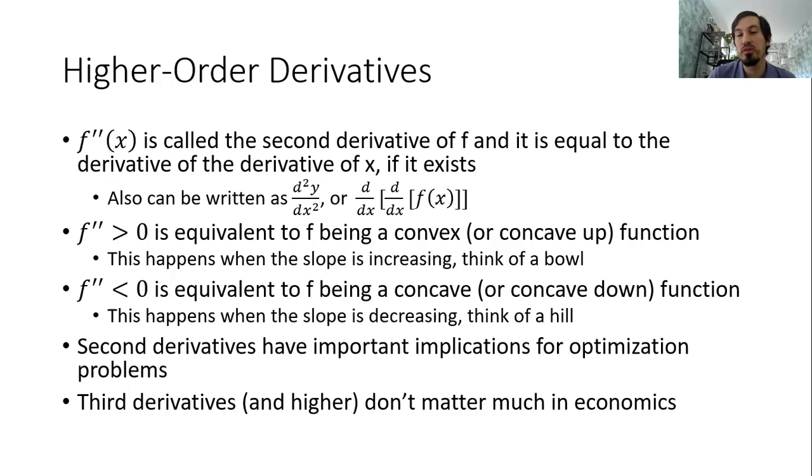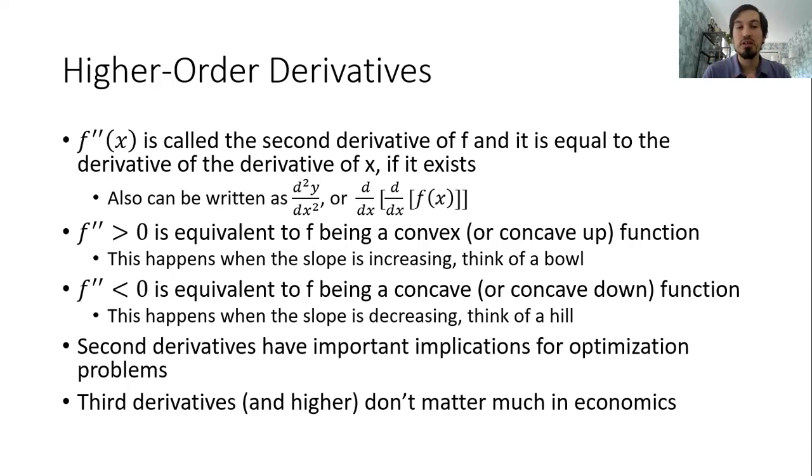I actually prefer the word convex. Despite me having a typo in the slides and putting the wrong thing, the way I would most like us all to refer to this type of function is a convex function. That's when f double prime is positive.